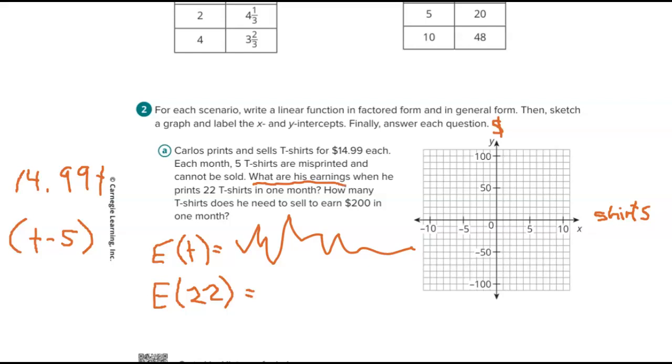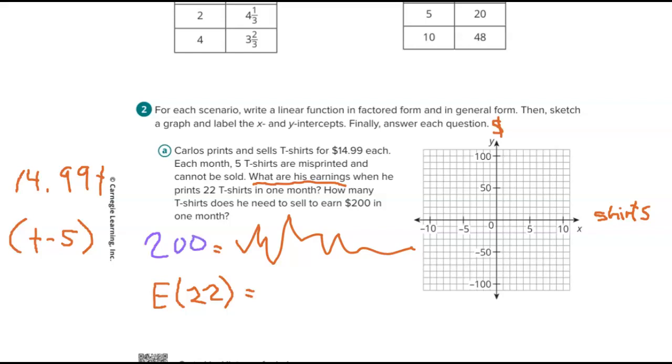But then there's another question. How many t-shirts does he need to sell in order to earn $200? That's the situation where you're going to plug in $200 here. So you'll have your function, and you're going to plug in the $200 right here.